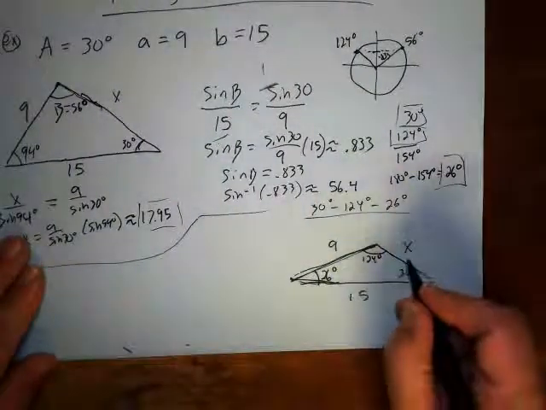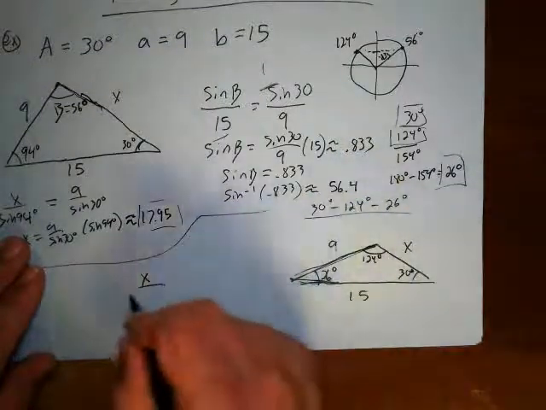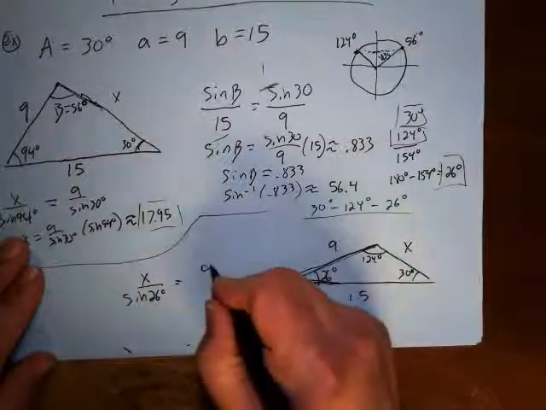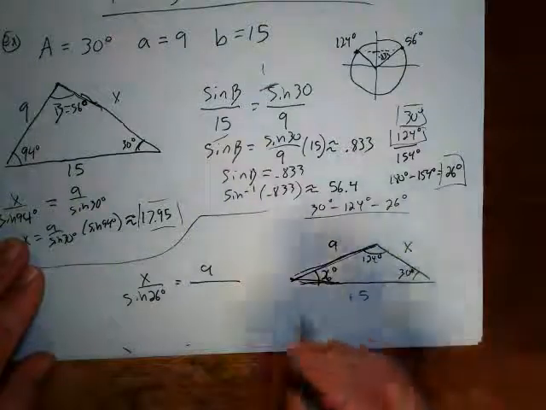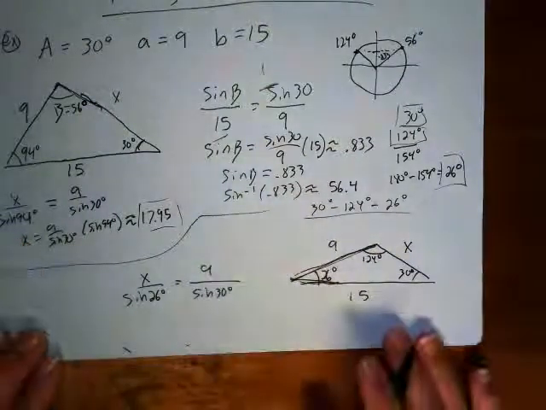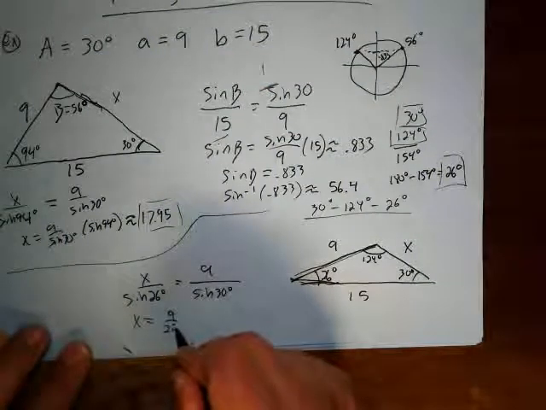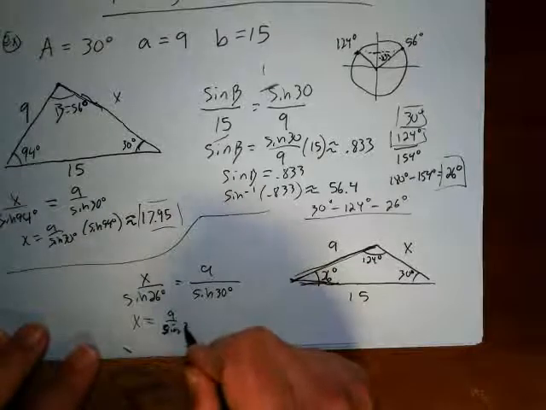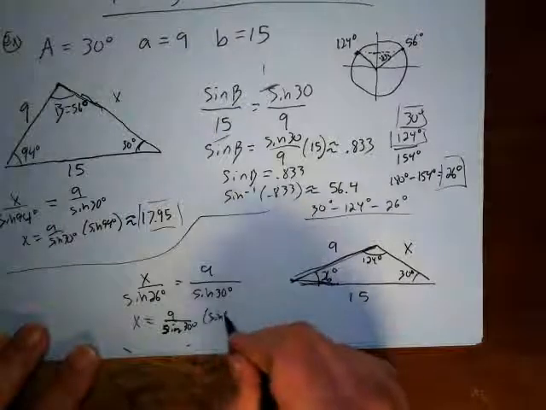So I want to find the x, so I have x is to sine of 26 degrees, as 9 is to sine of 30 degrees. Like that. So x is equal to 9 over sine of 30 degrees times sine of 26 degrees.